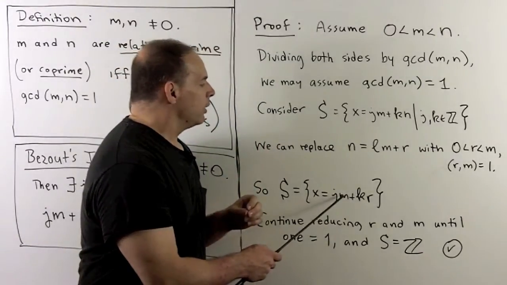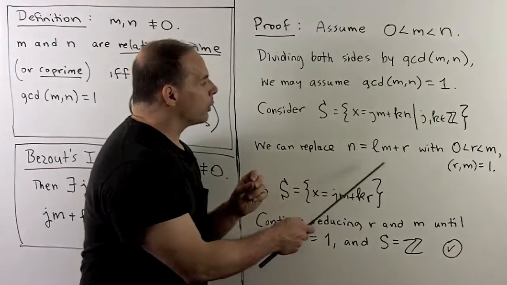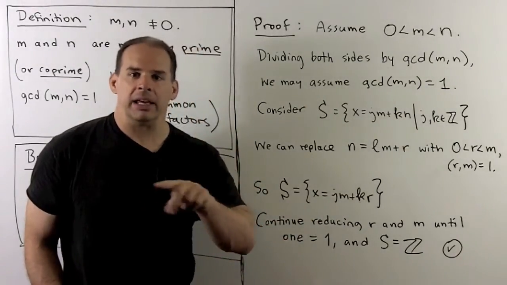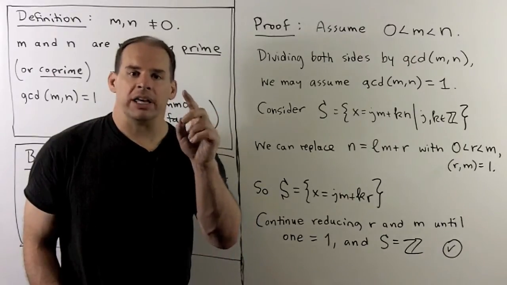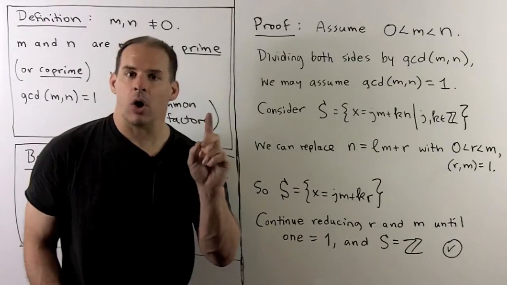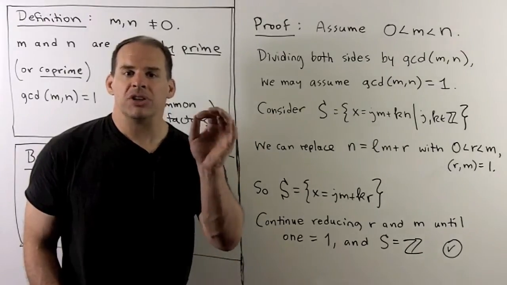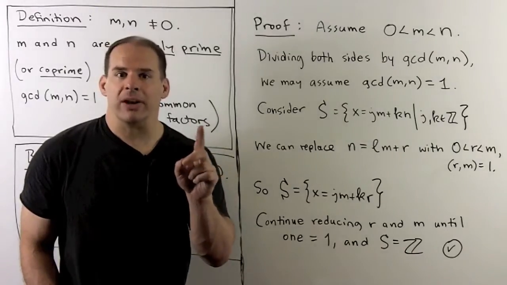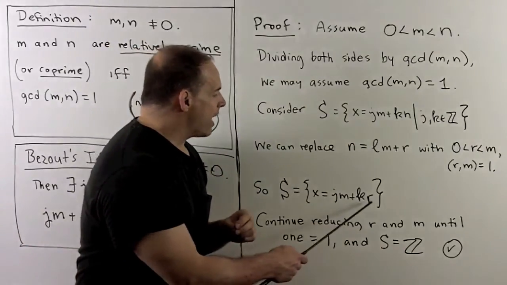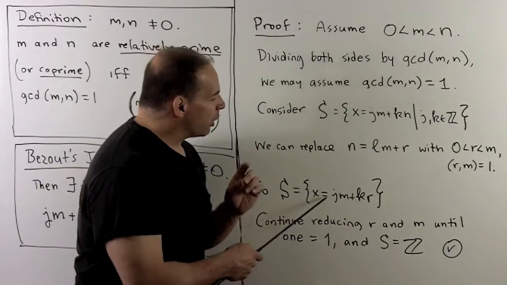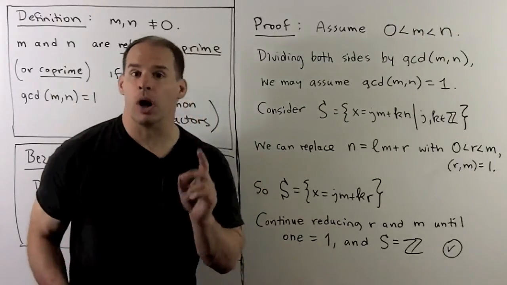We'll have m where we had n and r where we had m. We keep repeating. The remainders are going to keep being driven down to a strictly smaller number, but always positive. So eventually we're going to push the remainders down to 1. Once I have that remainder equal to 1, we're going to have all integers in our set. And so somewhere there's going to be one of these combinations equal to 1.